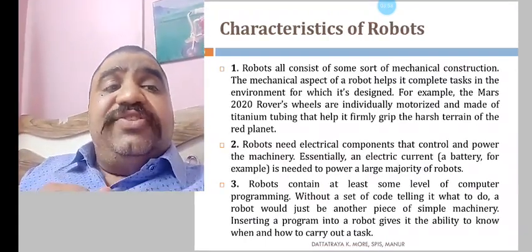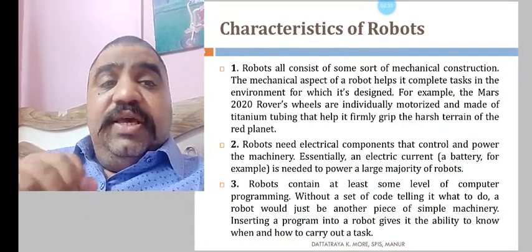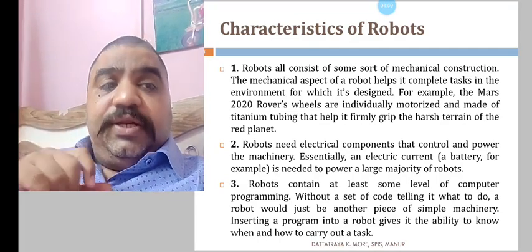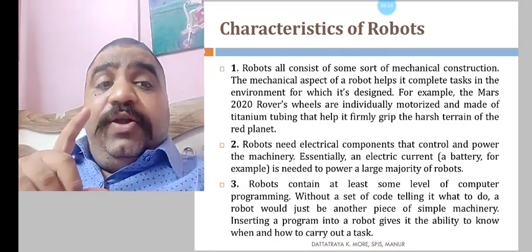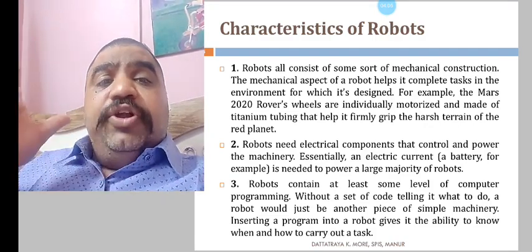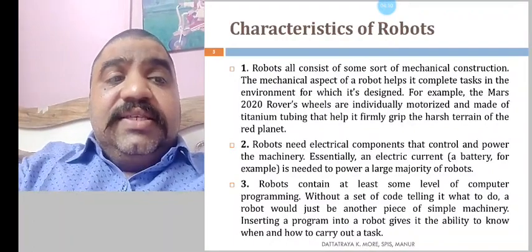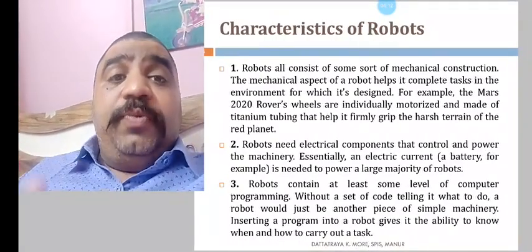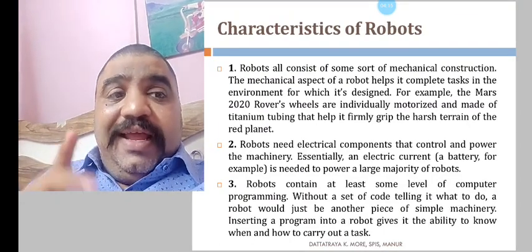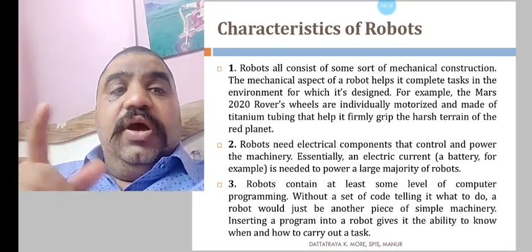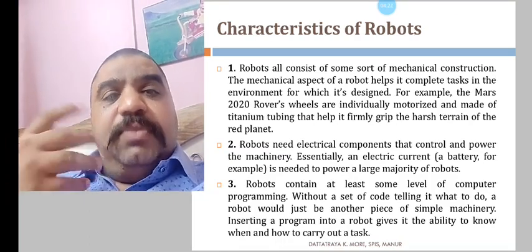Robots need electrical components that control and power the machinery. Essentially an electric current, a battery for example, is needed to power a large majority of robots. Robots contain at least some level of computer programming. Without a set of code telling it what to do, a robot would be just another piece of simple machinery.